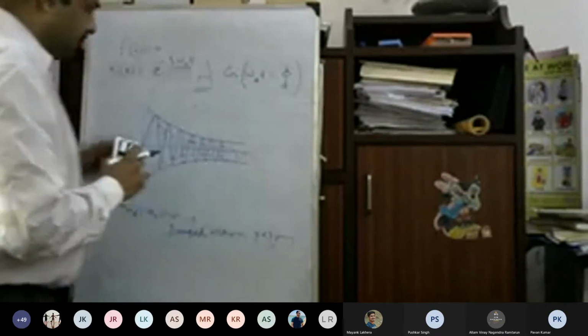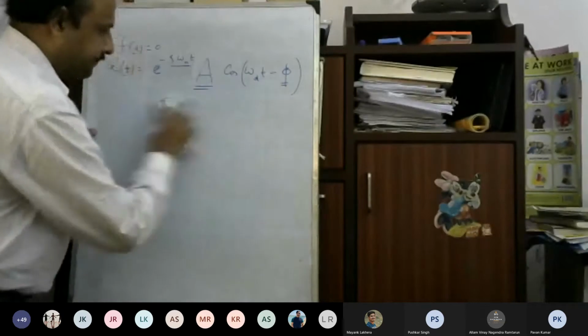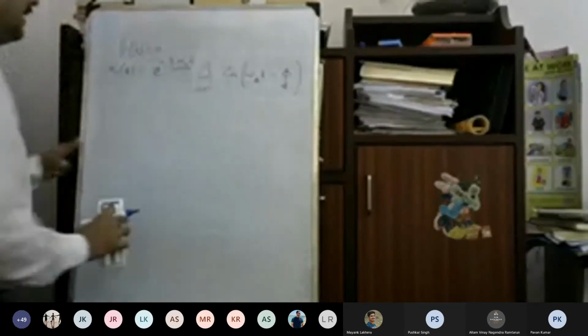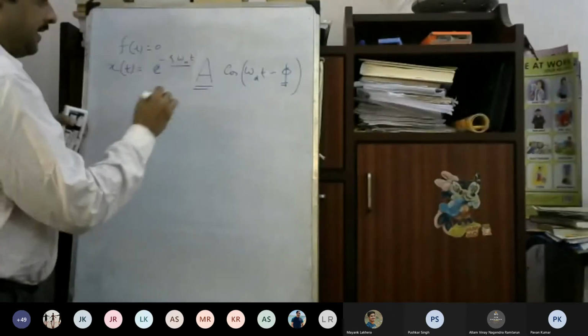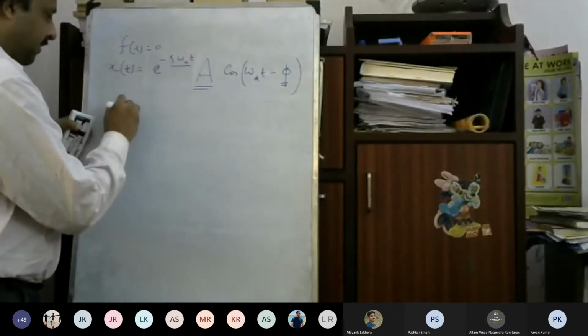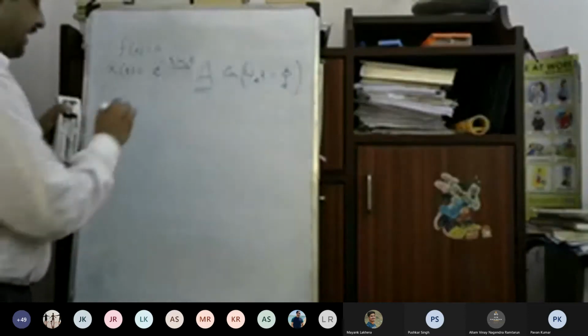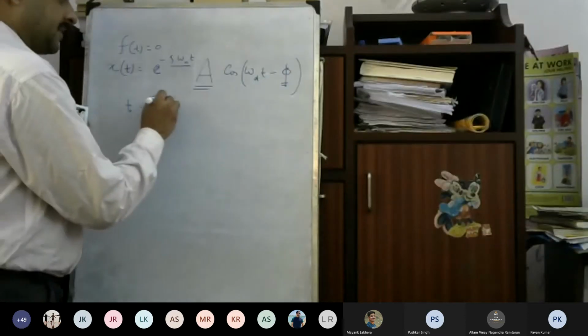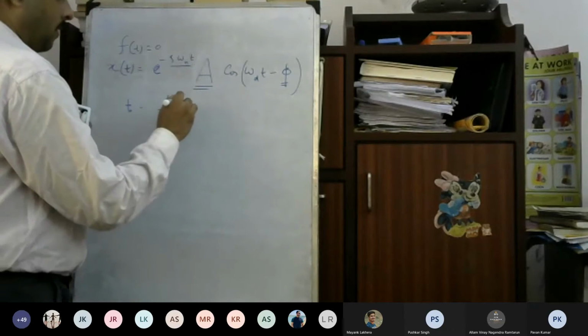Now using this part, let us see this response. Suppose you consider the response at time t equal to, let us say, phi by omega d.